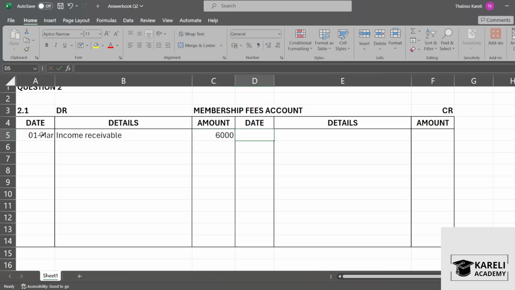And then on the credit side, we have again the opening balance for income received in advance, which is 21,600.